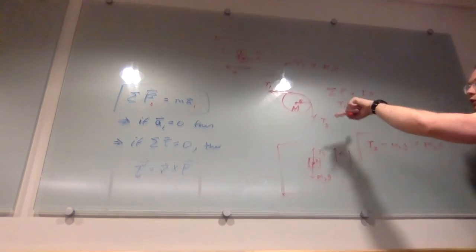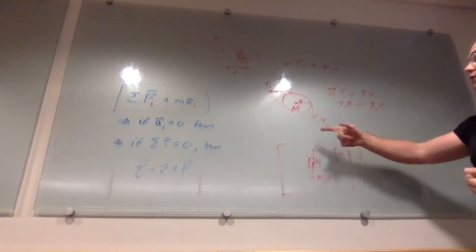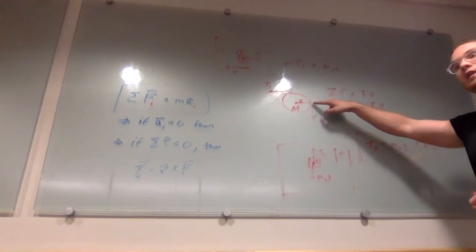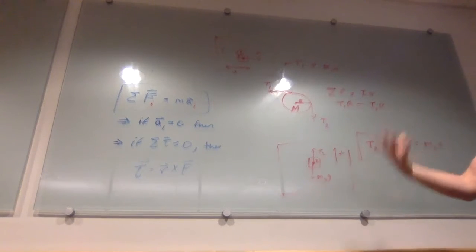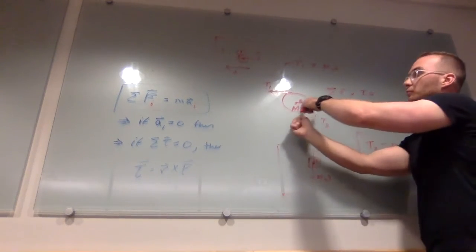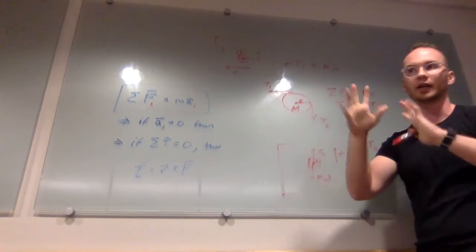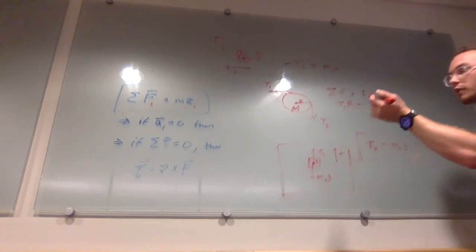Minus this other one, T2R. How did I know it was T2R? Because the force is T2, and it's applied at a distance R, and because they're perpendicular. Everything with pulleys is always going to be perpendicular, because whenever you have a rope anywhere off a pulley, it has to be perpendicular to where it leaves the pulley. Like, that's how lines work. Anyway, we don't have to worry about the sine theta.